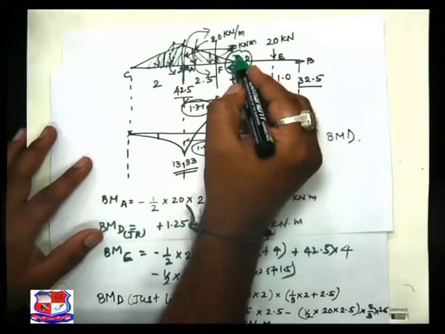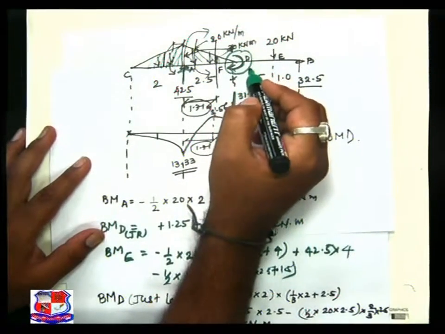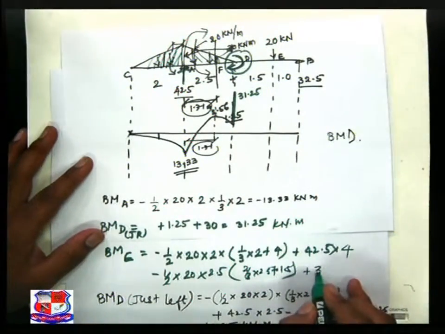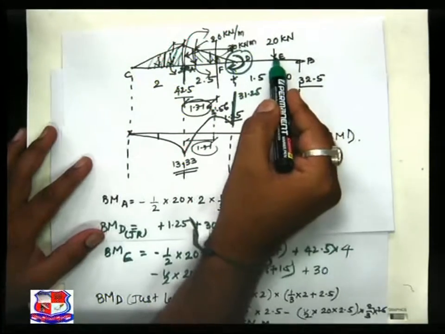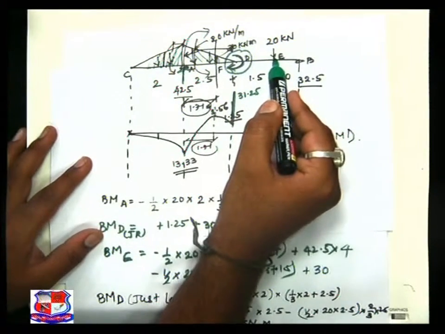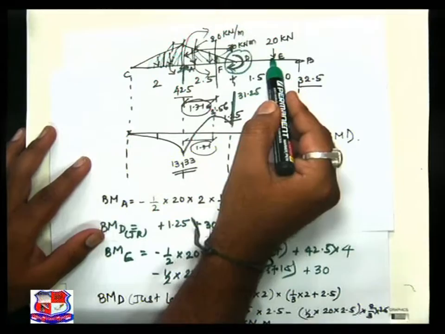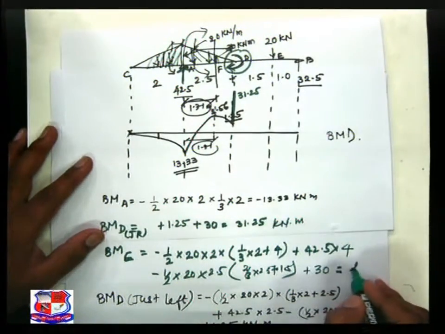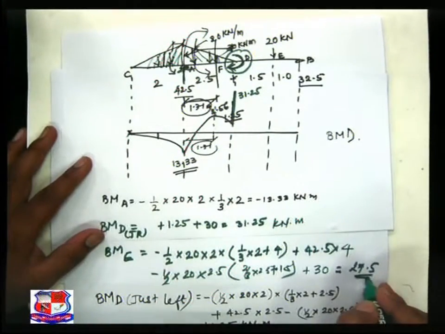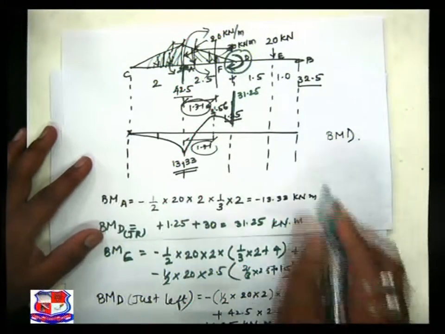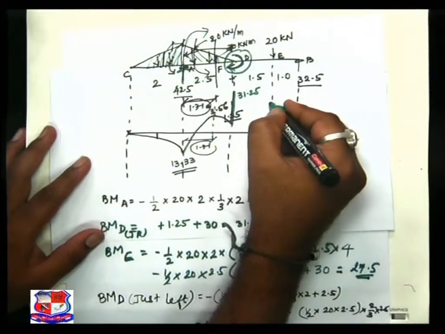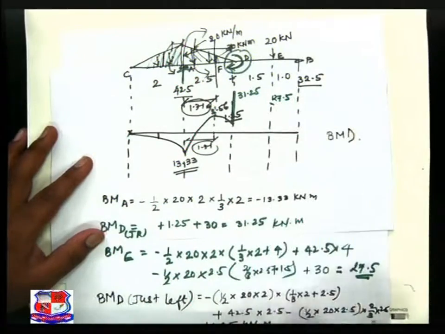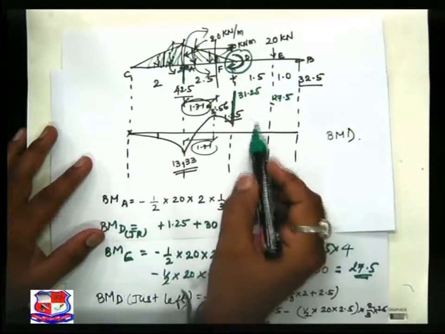Then next is this concentrated moment, that is of addition of 30, that is plus 30. This 20 definitely is 20 into 0 because the perpendicular distance is 0, and we got the answer for the same point as 27.5, plus sign. So I got an ordinate of bending moment which is 27.5 plus sign. Plus sign means above baseline.